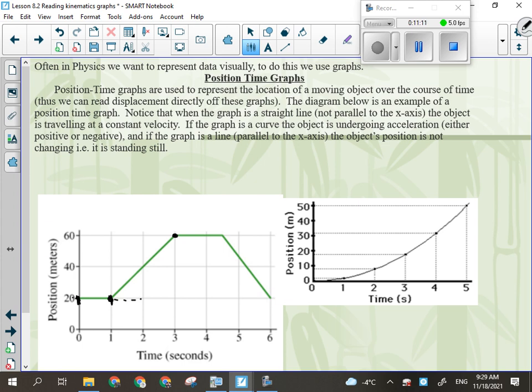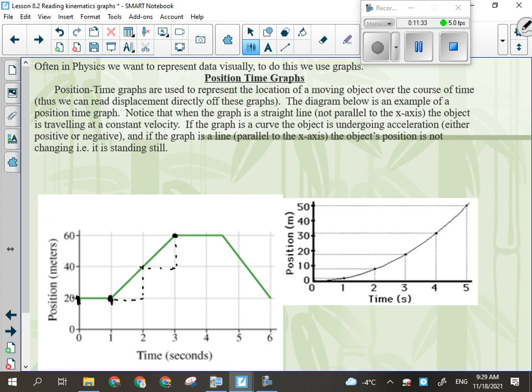In the first second, the object goes 20 meters. In the second second, the object goes 20 meters. So it covered the same amount of distance every second. That means it's traveling at a constant velocity, in this case of 20 meters per second.